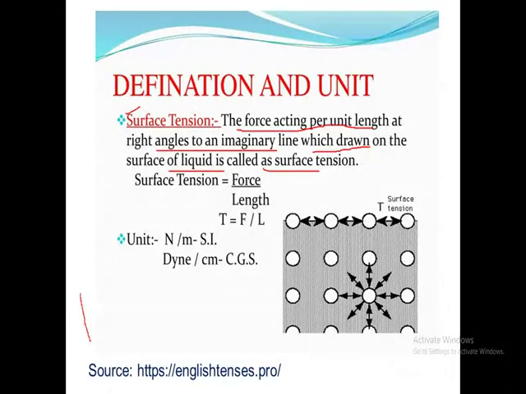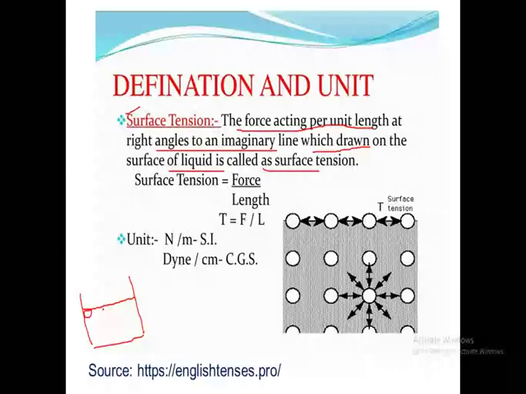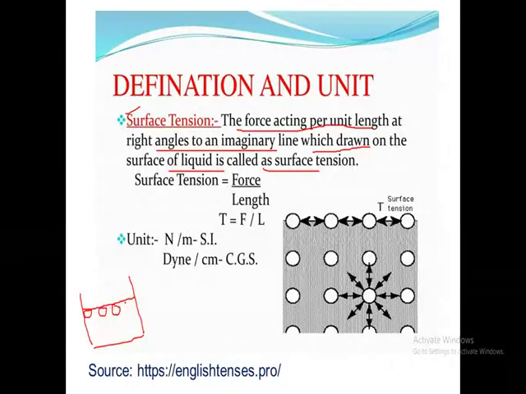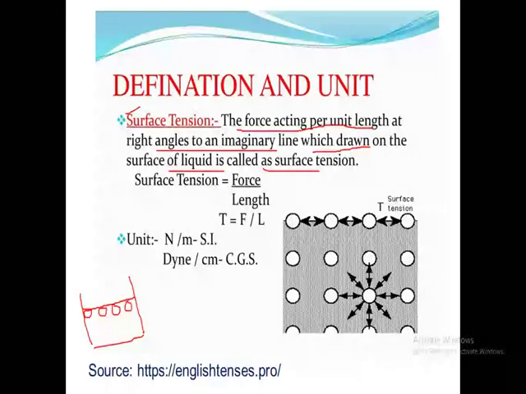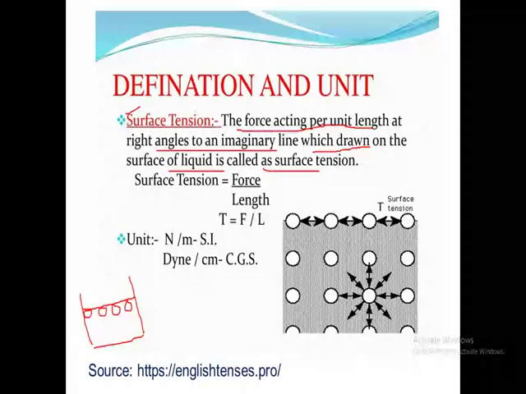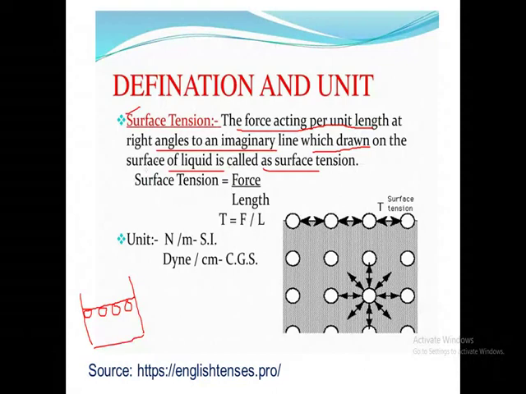You have a beaker with liquid in it, and let's say there are n number of water molecules on the surface. Then we define surface tension as the force acting per unit length at right angles to an imaginary line.